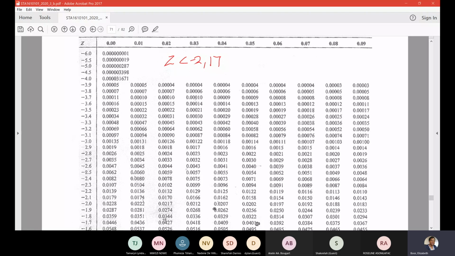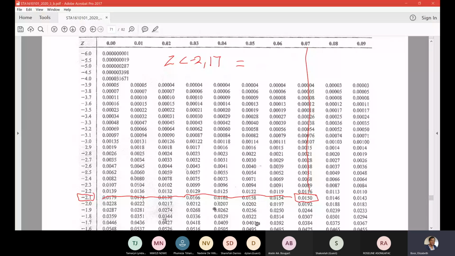So here we're going to look for 2.1. And that is minus 2.1. And we need to go to the top to look for 7. I like to do it this way because then I can't lose where I am. I hope that is 7. This is 7.